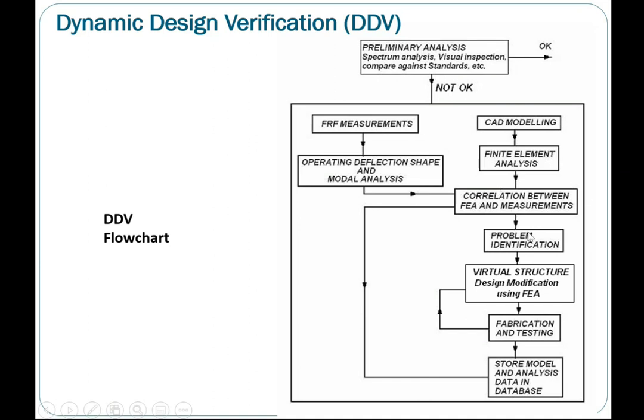Once it is validated, then we can know what the issues of the machine actually are, why the vibration is high. Through modal analysis and ODS, operating deflection shapes analysis, then probably we know it is high because you have a resonance issue. So you can identify that particular problem, right?